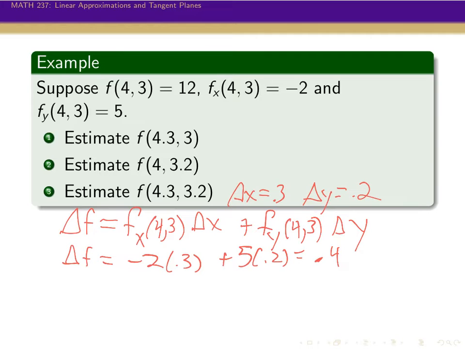And so we'd expect f at (4.3, 3.2) to be approximately 12 plus 0.4, which is 12.4. Okay. And so if we know the partial derivatives, this gives us a way to think about what's happening to the function around that point, (4, 3).